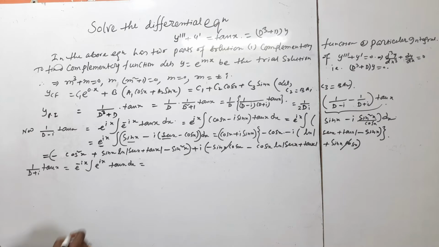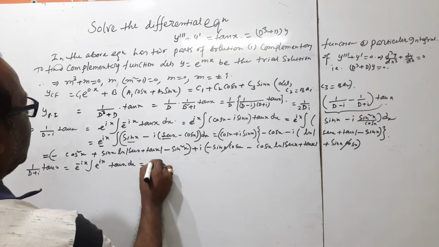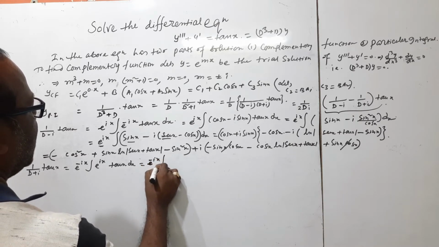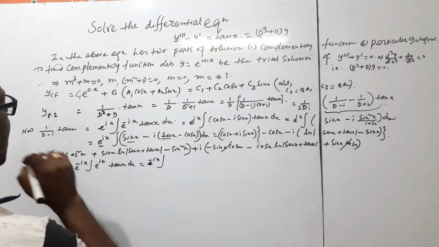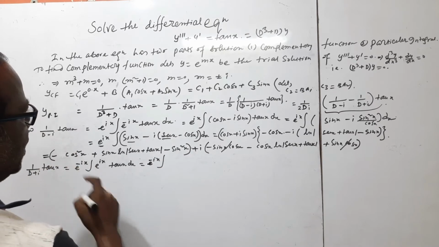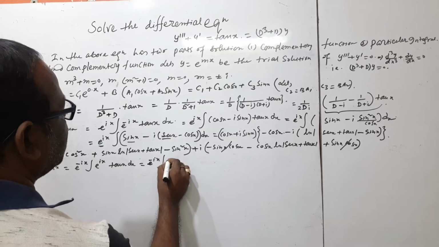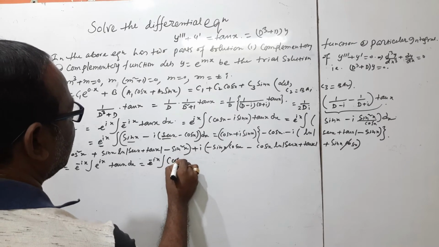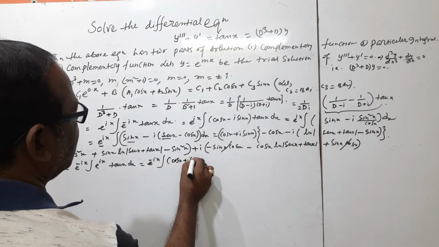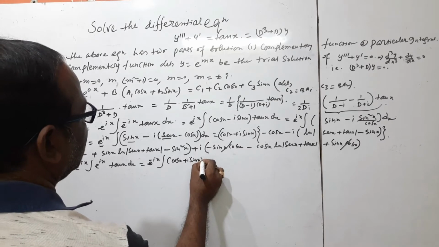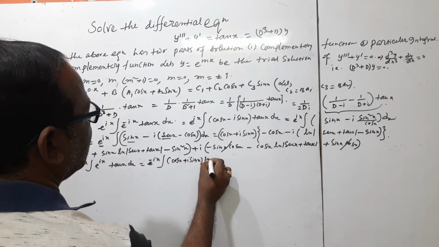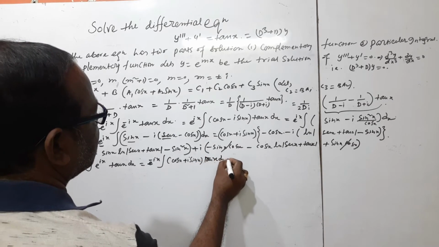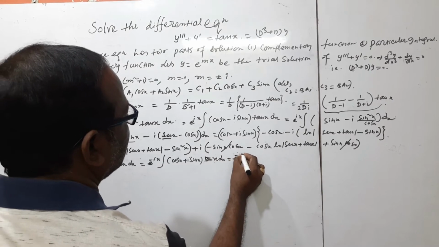So now it is your minus ix, and here the integral of tan x, and ix means here cos x plus i sin x, and this is here tan x and dx, it is your minus ix.